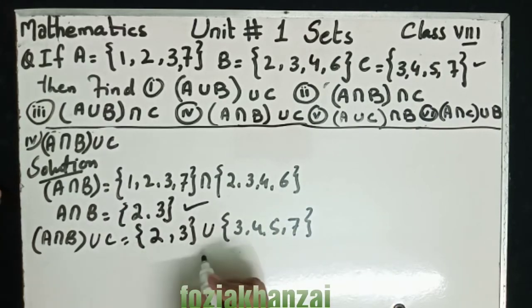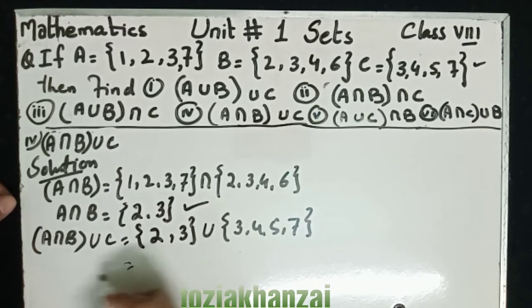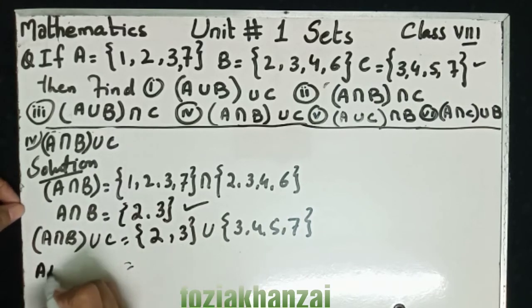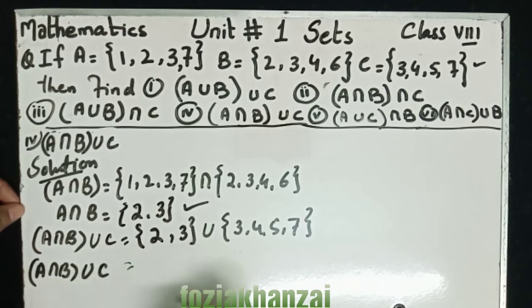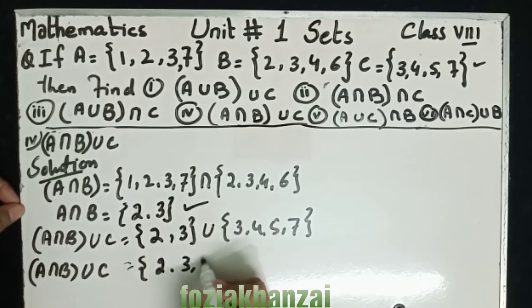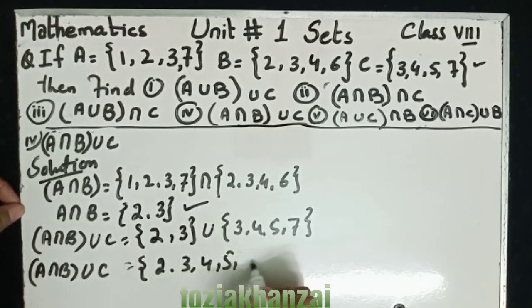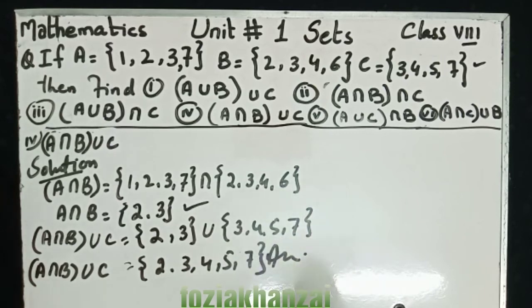Now we find the union, so we write all elements together from both sets. The answer 2, 3, 4, 5 and 7 is the answer of the fourth part.